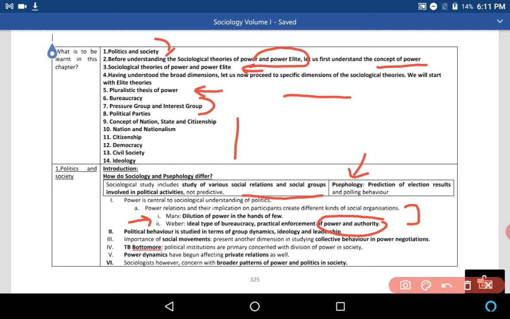Whenever I talk about political behavior in our country, you will notice that people behave in groups, and in the groups there are certain leaders. When these leaders operate, they always choose a specific kind of ideology which is not static, it is dynamic and changes based upon the situation.